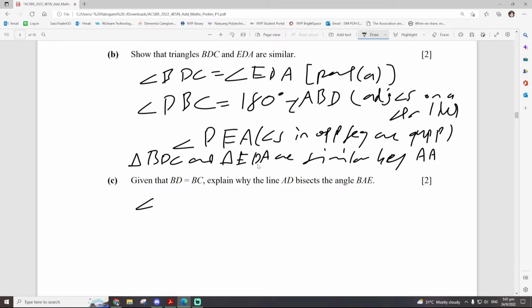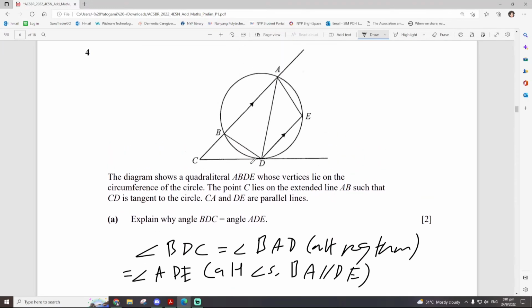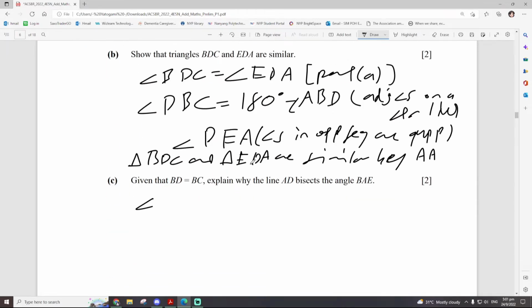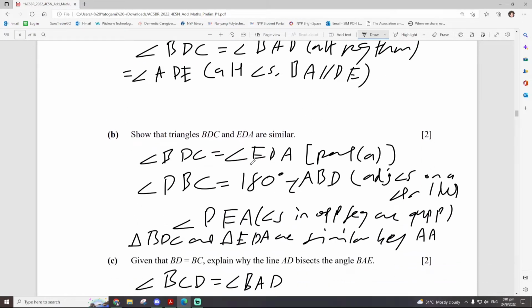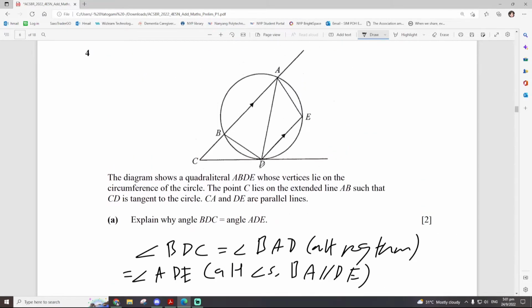We know that angle BCD equals BAD. Or BDC rather.